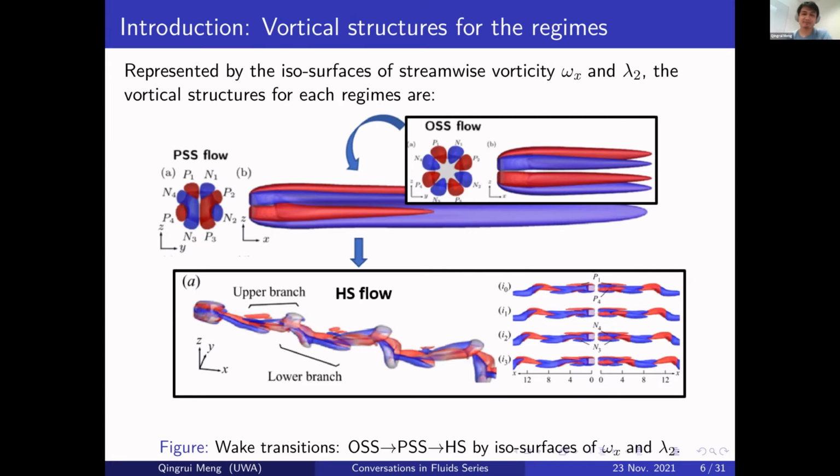In that paper, we established three different flow regimes for an isolated, stationary cube in a constant stream, which is a little different from the phenomenon in the wake of a sphere. We call the three flow regimes OSS flow, PSS flow, and HS flow.